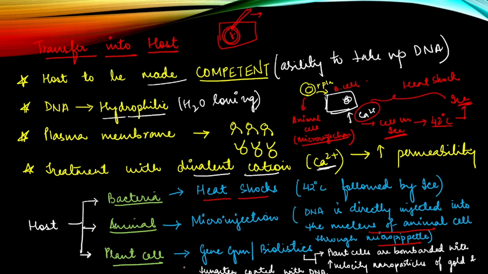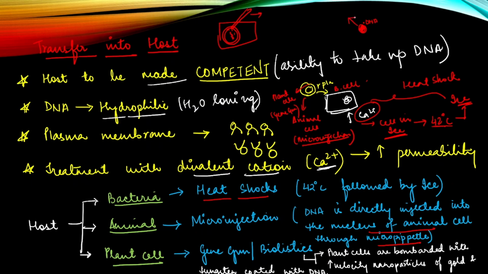Clear? Next, plant cell. If we insert DNA into a plant cell, we'll be using another process. We call that the gene gun. Plant cells are bombarded with high velocity microparticles of gold or tungsten coated with DNA. If this is gold, it is coated with DNA.